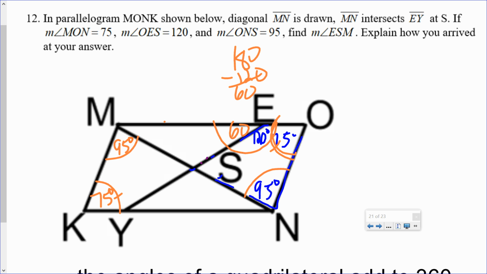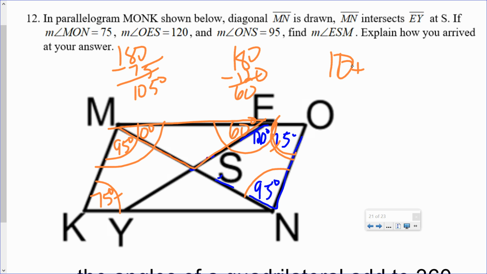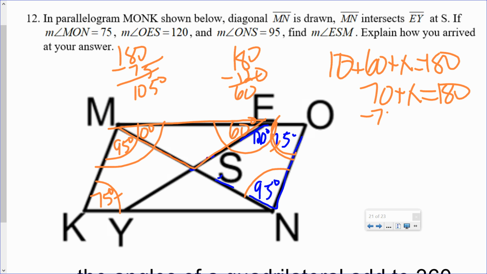Since this is 75, then this angle is 180 minus 75, which is 105, which makes this angle 10. And now I have a triangle. I have two angles of the triangle. So 10 plus 60 plus x equals 180. 70 plus x equals 180. And it would be 110.